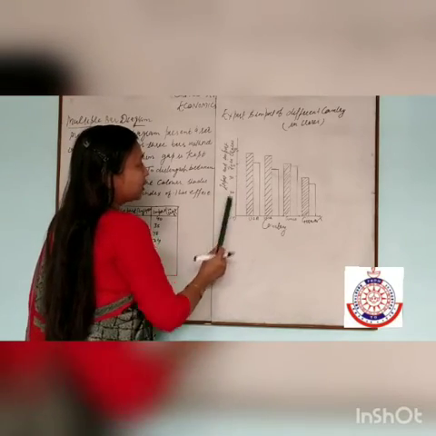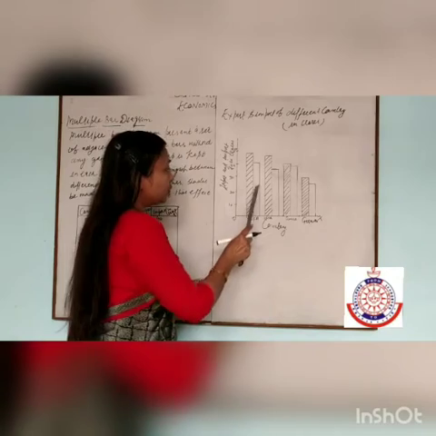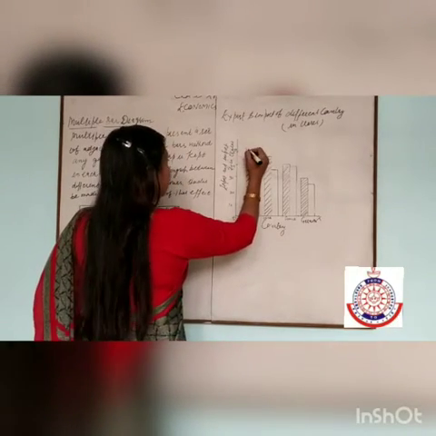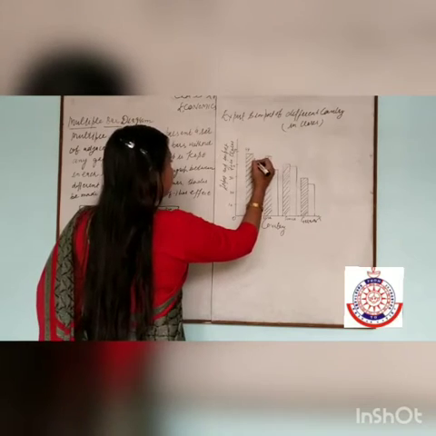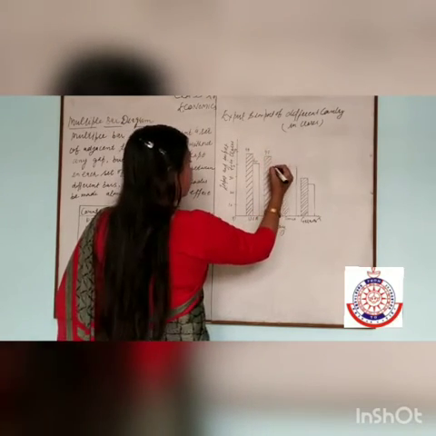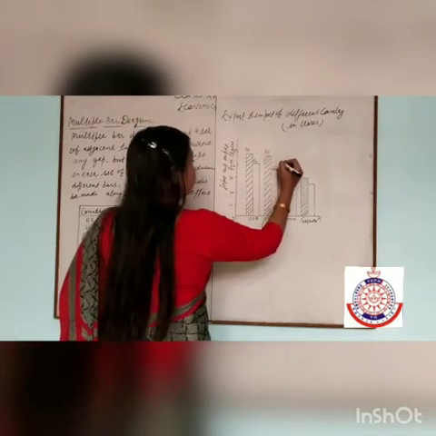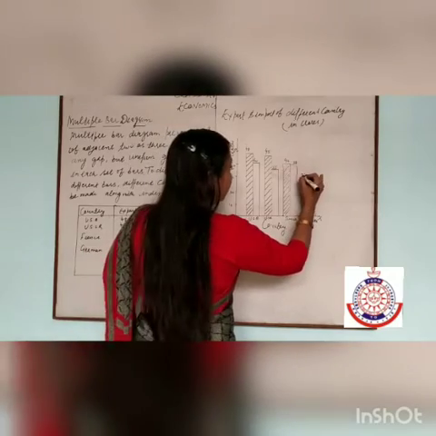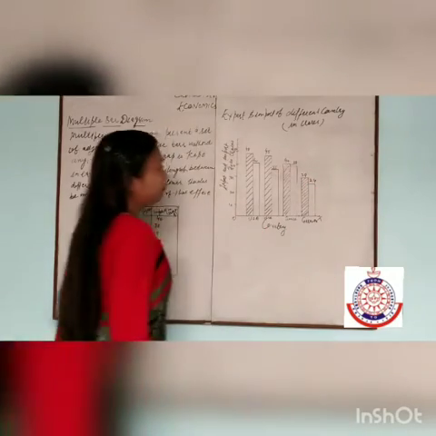This bar shows the export and this one bar shows the import. Here export is 48 and import is 40. Here export is 45 and import is 35. Export is 40, import is 38, export is 28 and this is 24.